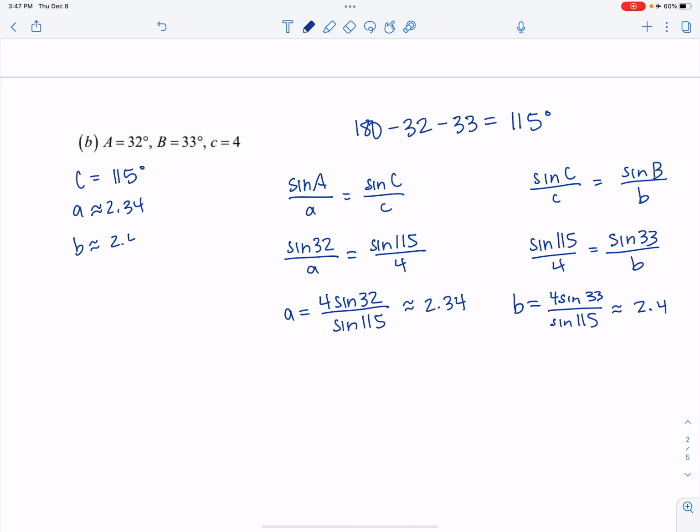So we have 2.4. And we've solved our next triangle.